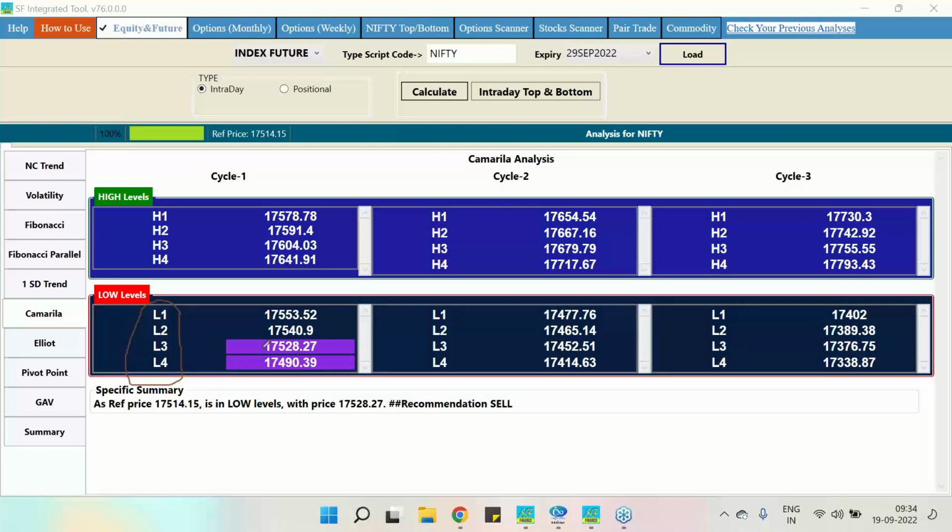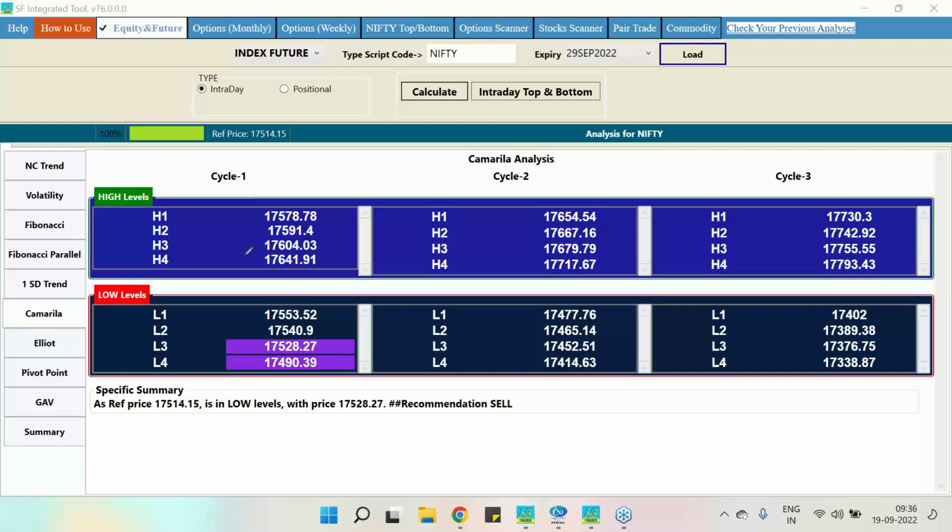Suppose you are selling at any of these levels, what happens? Original Camarilla restricts itself to 4 values. So the ambiguity was there: anywhere at L1, L2, L3, L4 you can sell, and at H1, H2, H3, H4 you can buy.